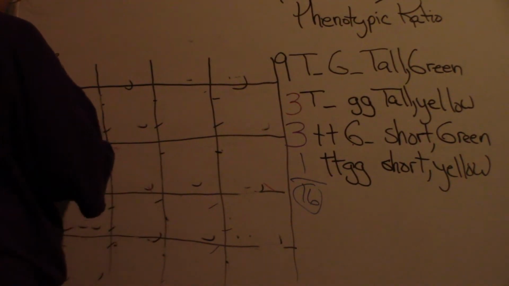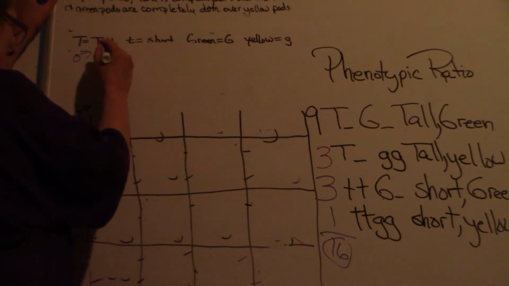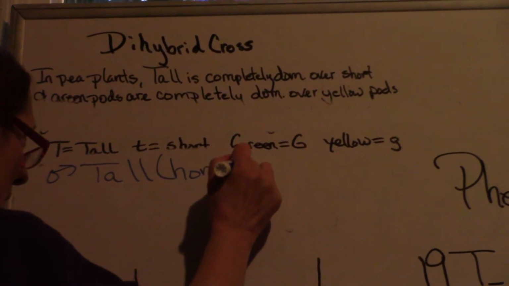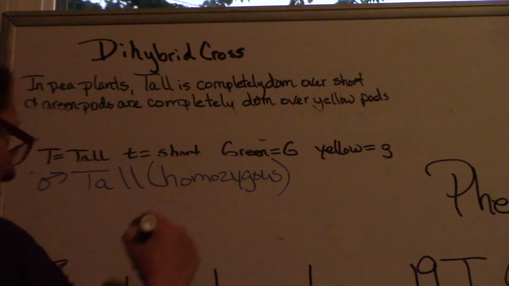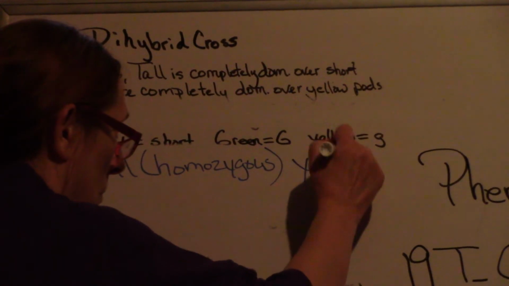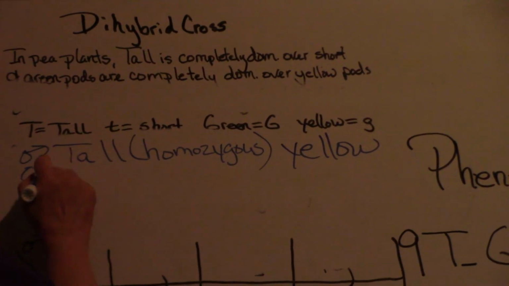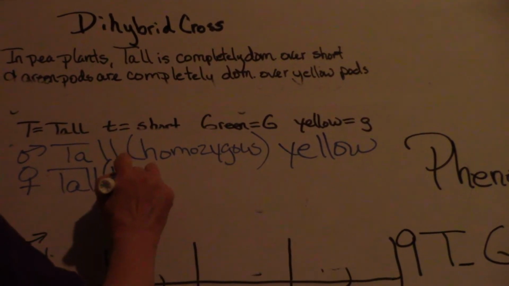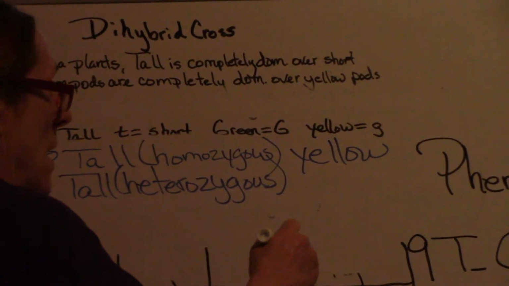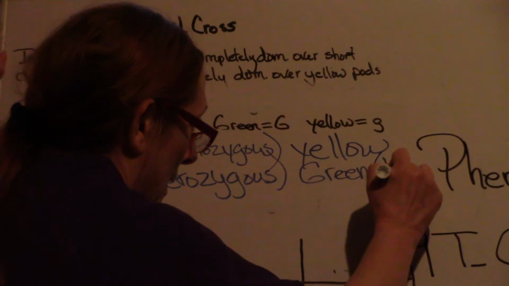Okay, so let's do one where the male is tall, homozygous, and yellow, and the female is tall, heterozygous, and green, heterozygous.